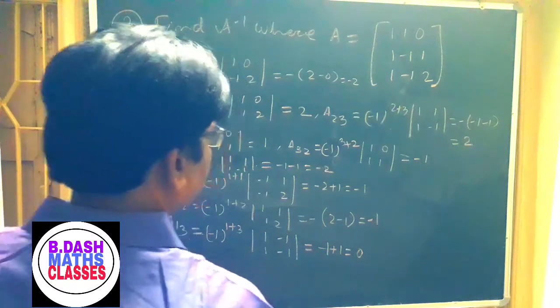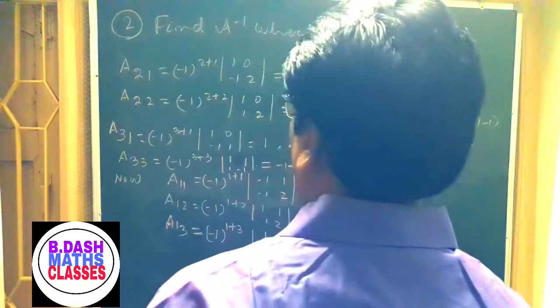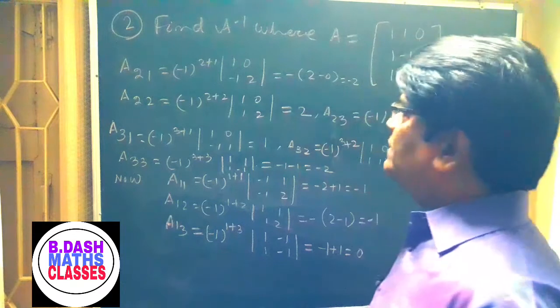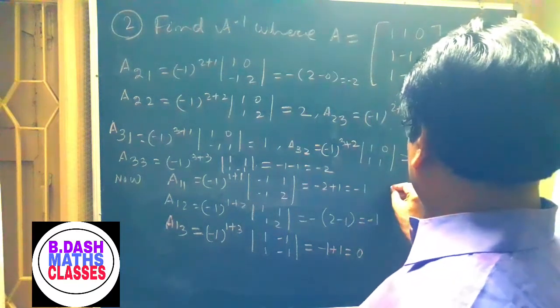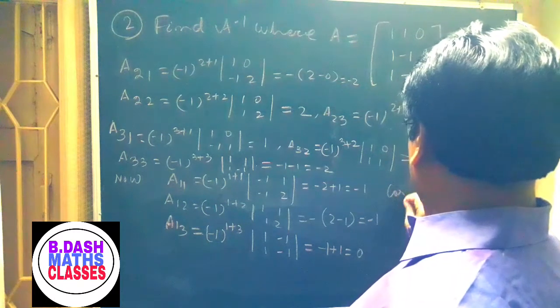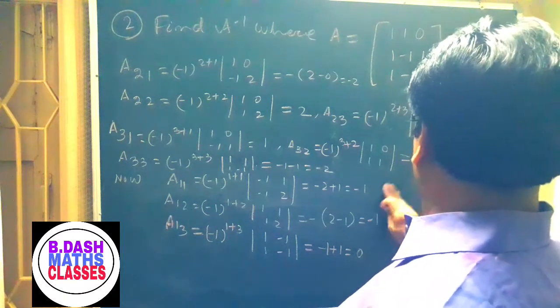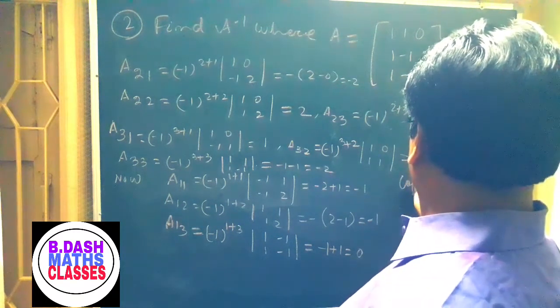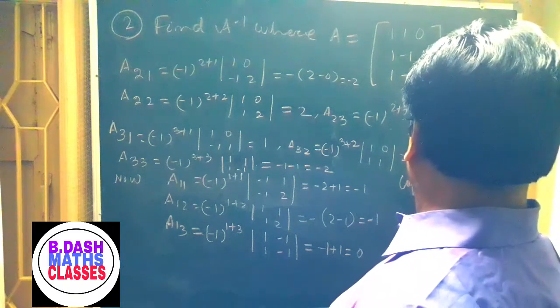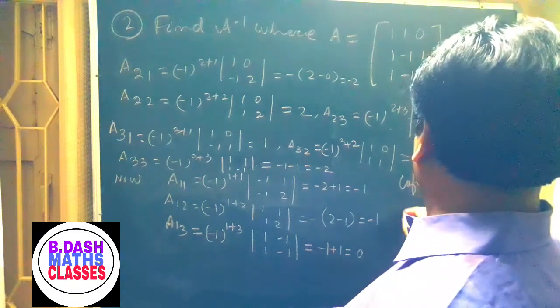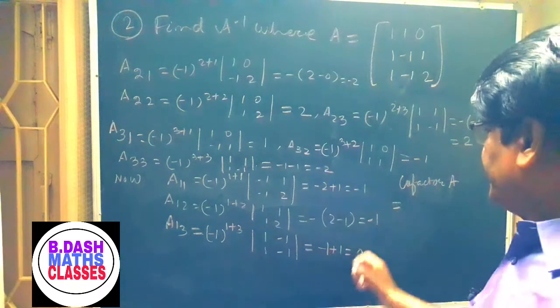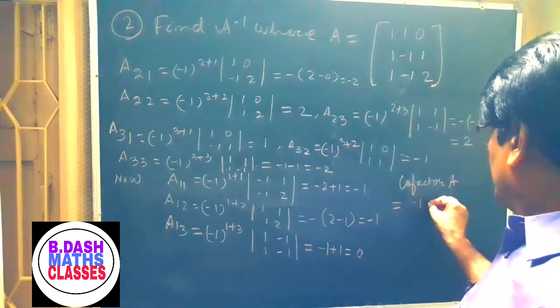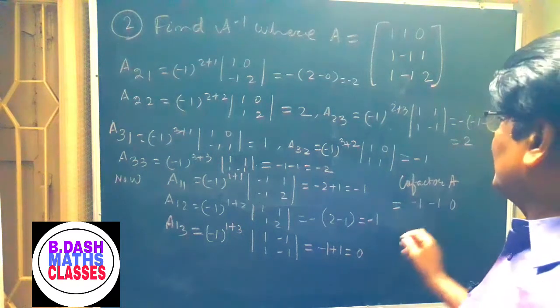So we are getting the cofactors of the first row, second row, third row. Then the cofactor matrix of A has entries A11, A12, A13. So the values we put: minus 1, minus 1, 0.